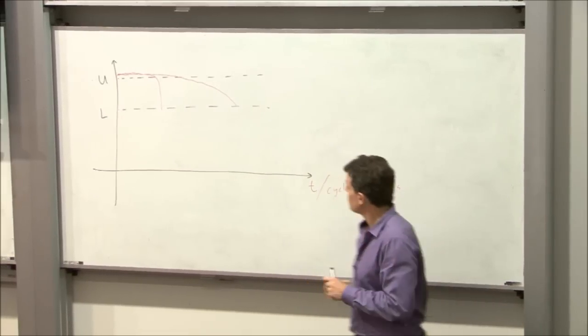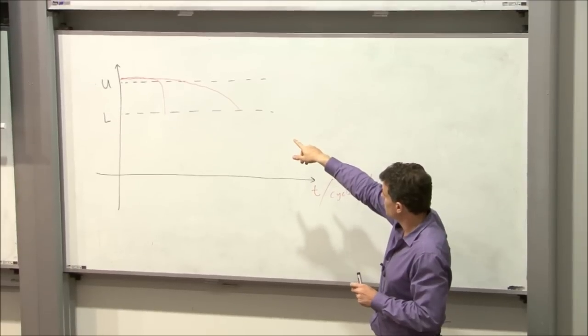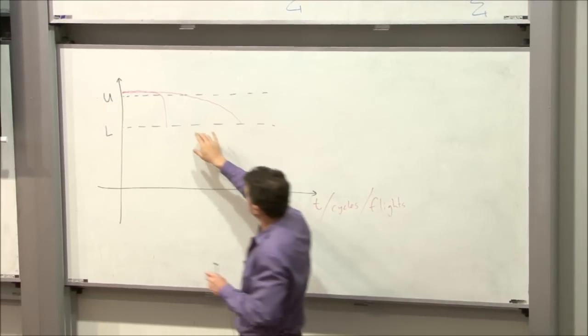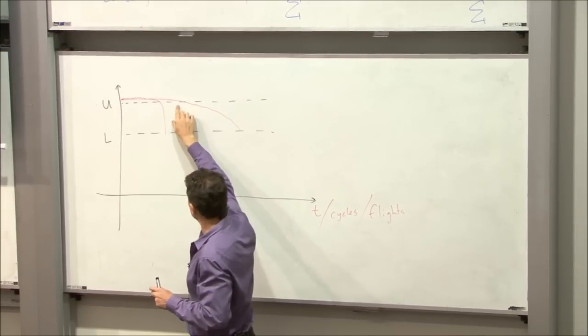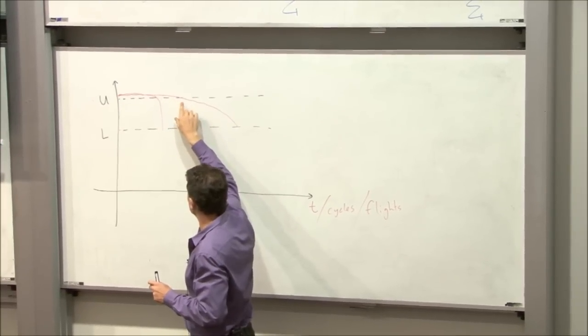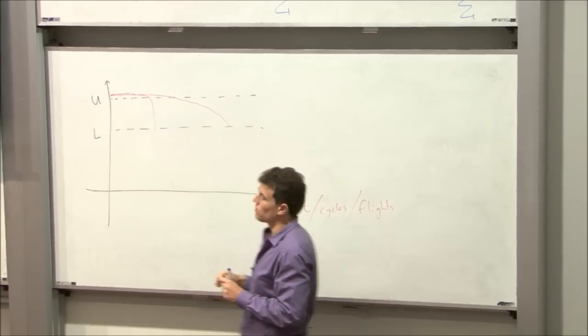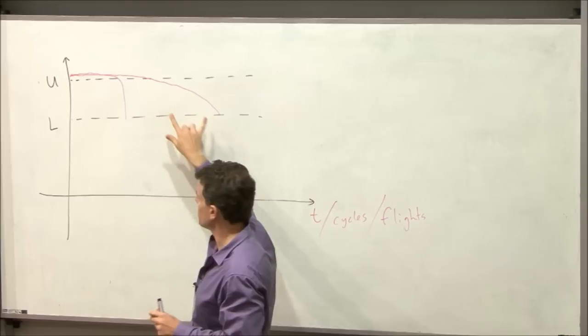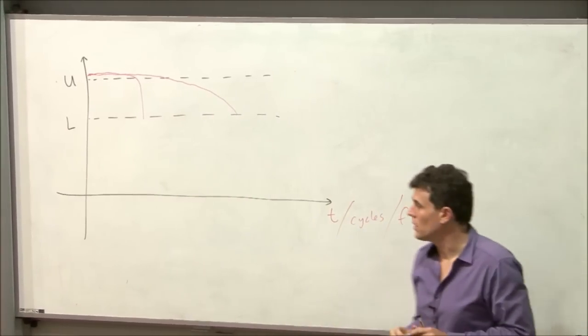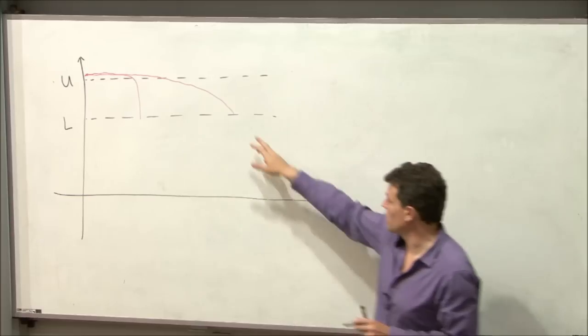And for those components, we have a time window. So say we have a detection scheme that can detect when the cracks are growing. We've got a window between when we can detect damage and when the part becomes too weak.